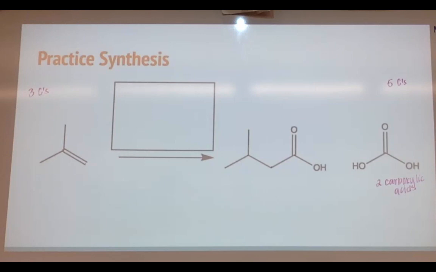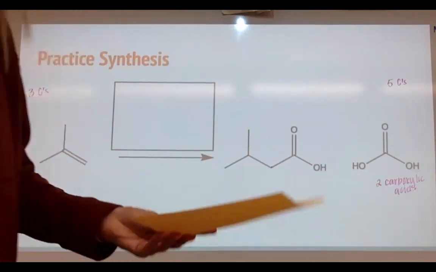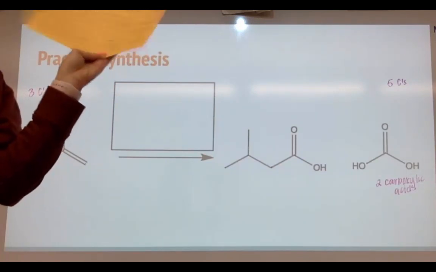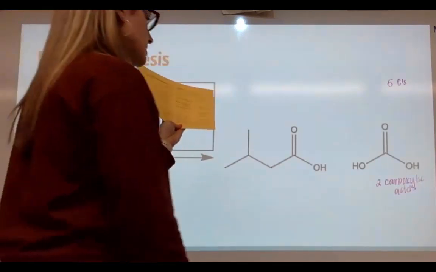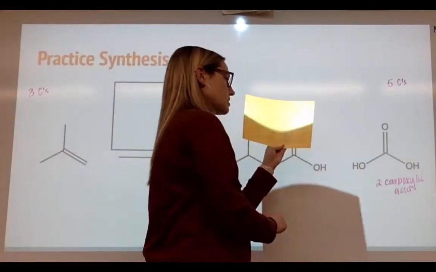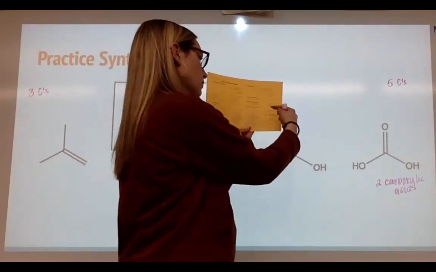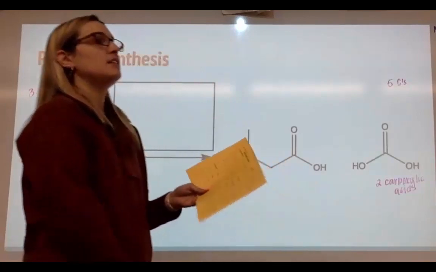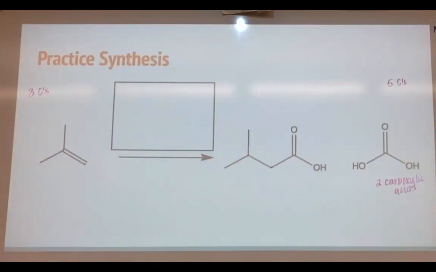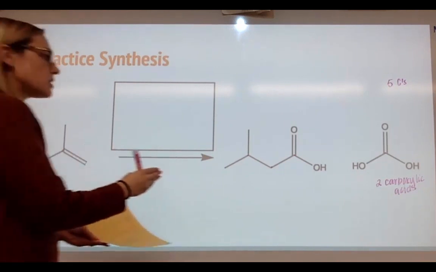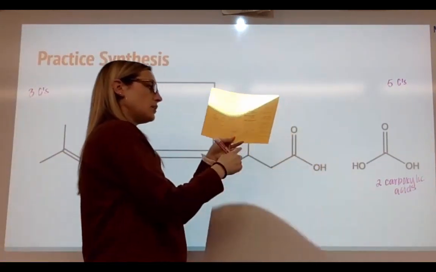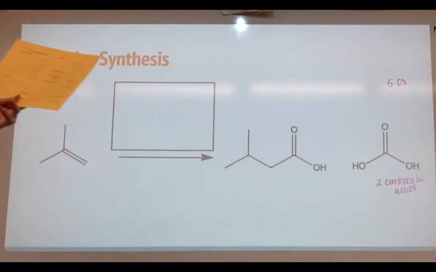So what I want to do, and sometimes it just helps as you're looking, is to look at your reference sheet again. I notice that I need to end with 2 carboxylic acids. Remember that cutting a bond is a cleavage reaction, like a cleaver is a knife. So I'm looking at the cleavage reactions down here that produce 2 carboxylic acids.